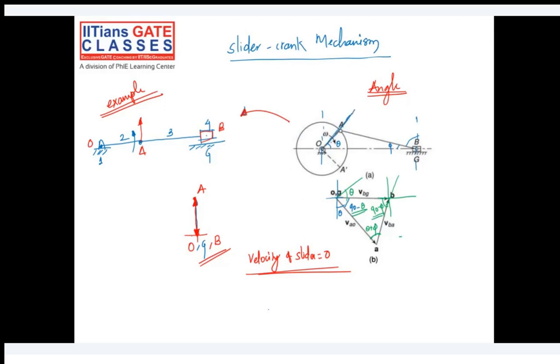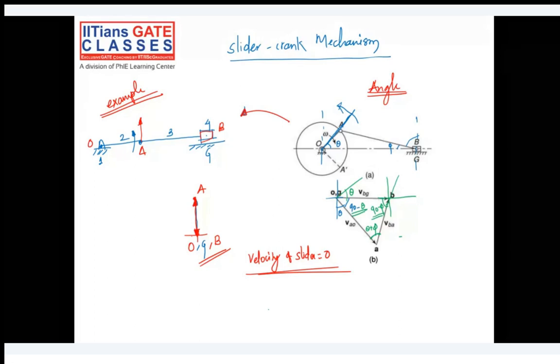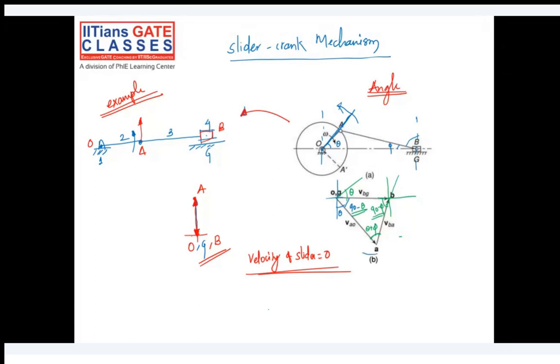As you move this OA link in this direction, this point A will move in this direction. Do you agree?